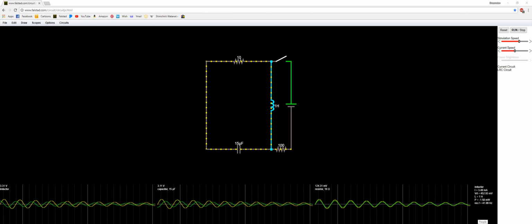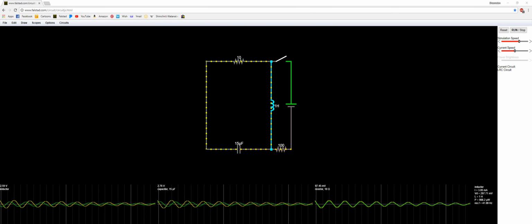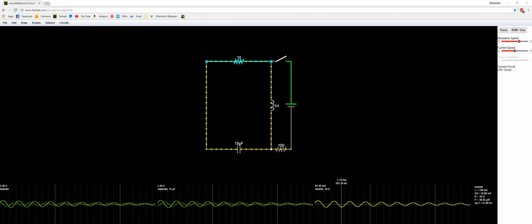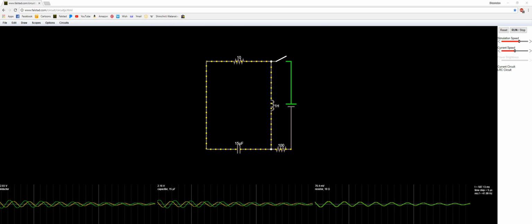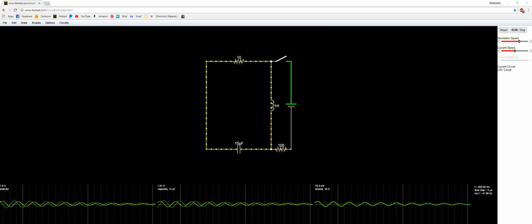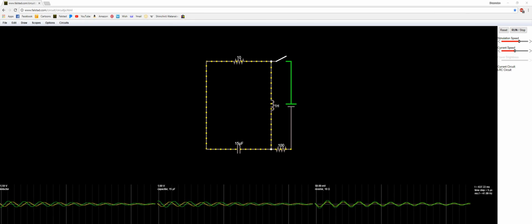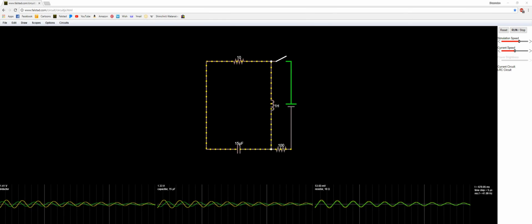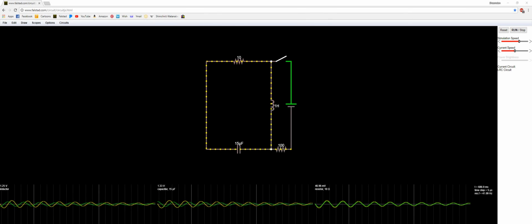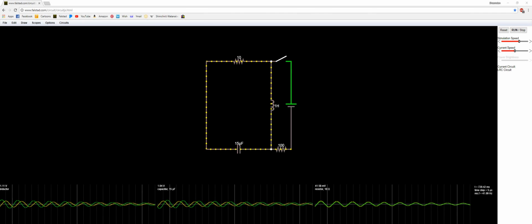It's a really simple applet, and everything is animated, and there are many great things and praises that I have to say for this software. It's completely free. It requires no downloads. You can download the applet if you want to, but in order to use it, you don't have to sign up for anything.